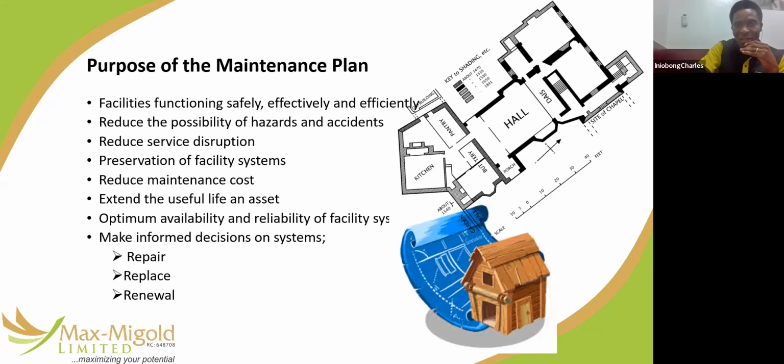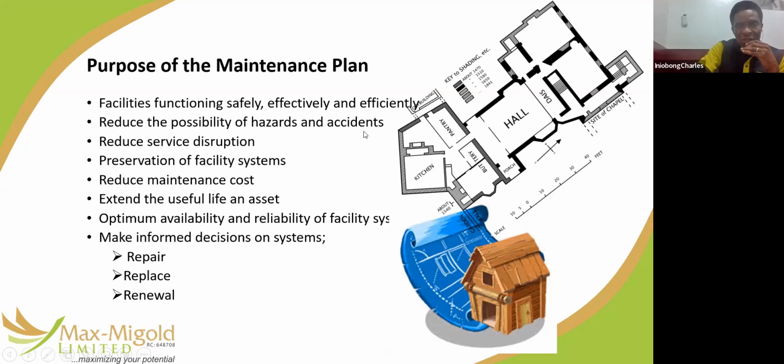You are not shutting down the lift when people are still in the office, working maybe on the 20th floor. In fact, you'll be fired. So maintenance planning will tell you when to carry out this activity. Even when it is an emergency, you must put a plan around it.